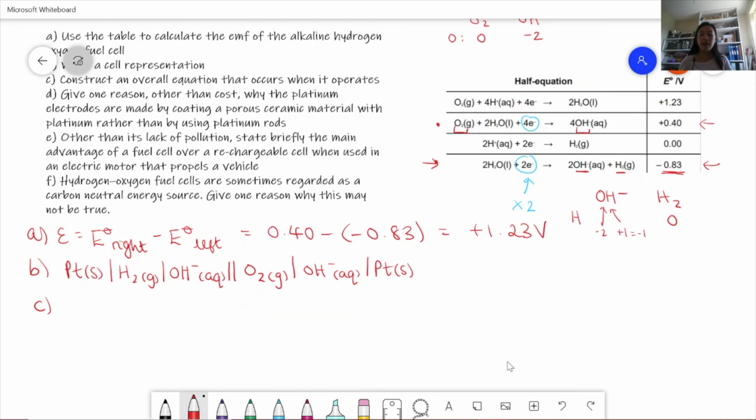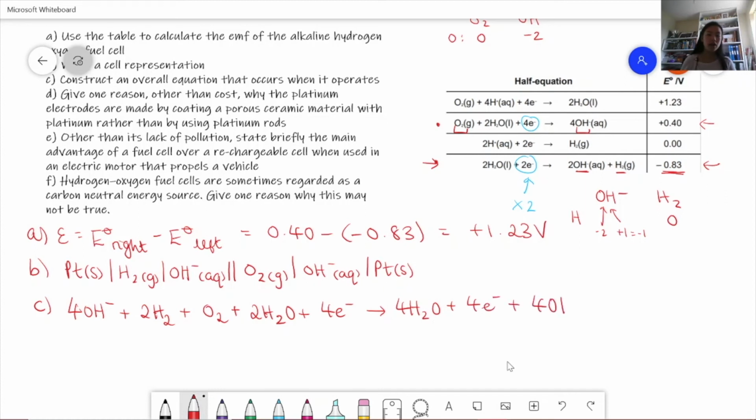And so we have 4OH minus plus 2H2 plus O2 plus 2H2O plus 4 electrons, and this goes to form 4 waters plus 4 electrons plus 4 hydroxide ions.